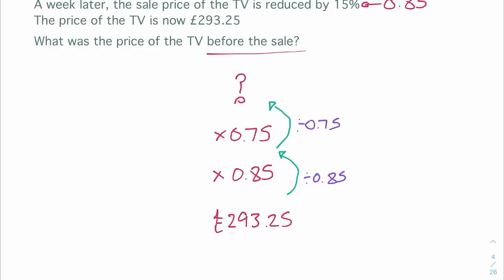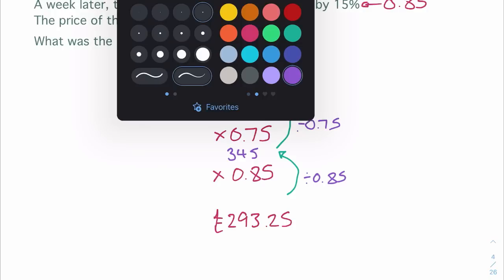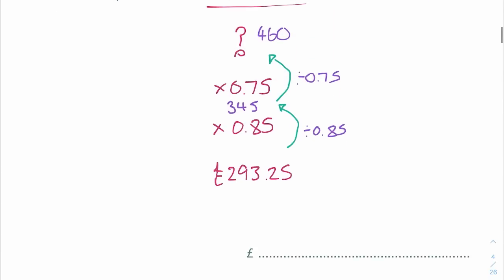There is a way of doing this in one step, but I don't think it's necessary for this question. So let's do 293.25 divided by 0.85. That gives us a value in the middle here of £345. We could then divide that by 0.75 and it finishes us off with a value of £460. So our final answer for this question will be £460.